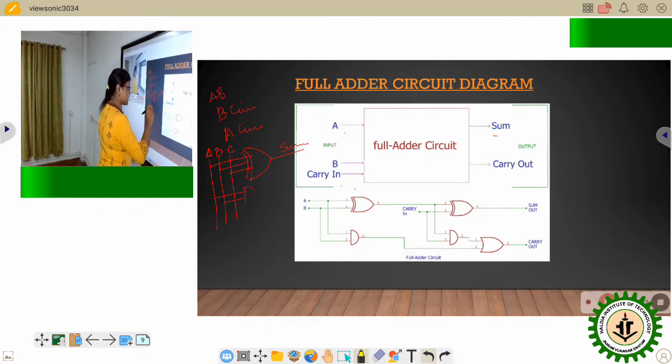Next, B, C in, and A, C in. We are connecting these by means of an OR gate, and this is carry out. Okay.